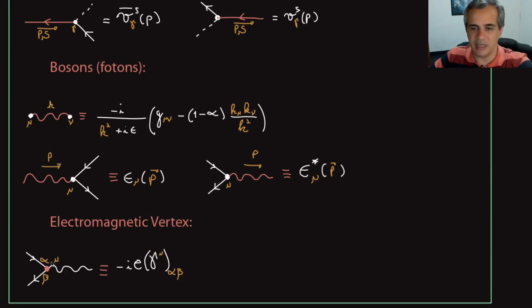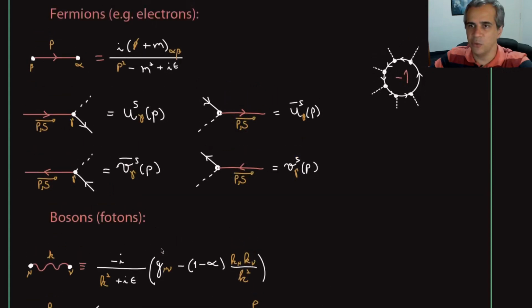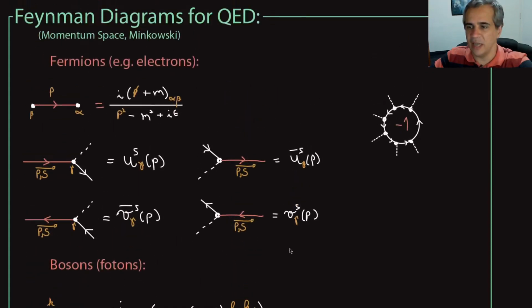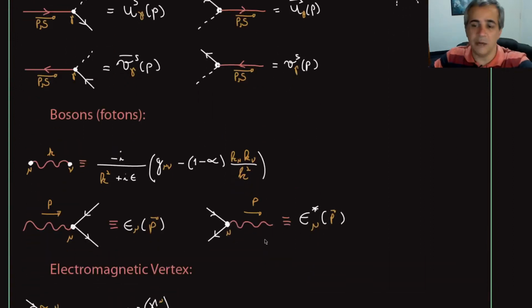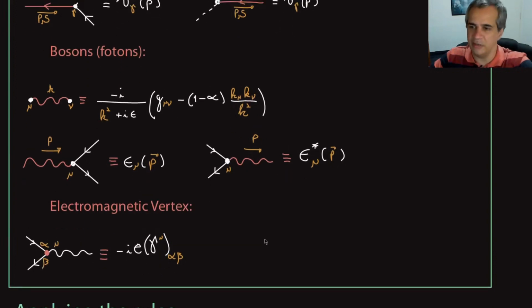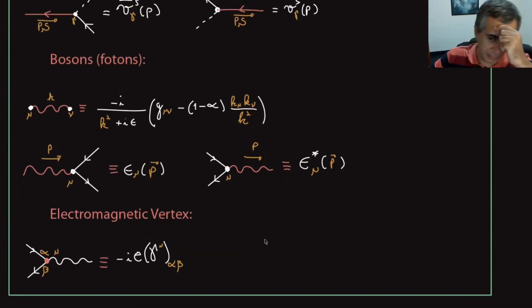This index alpha contracts with the fermion going in and beta with the fermion going out, either through the index they have in this external leg rule, or in these indexes that are in the internal leg. So that will set how the Dirac matrices are multiplied to each other, and eventually there will be traces that you have to calculate. We'll get to that next video.